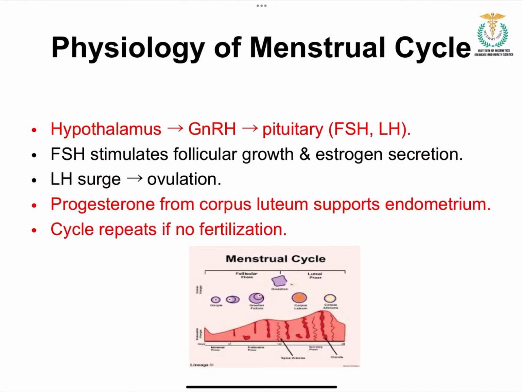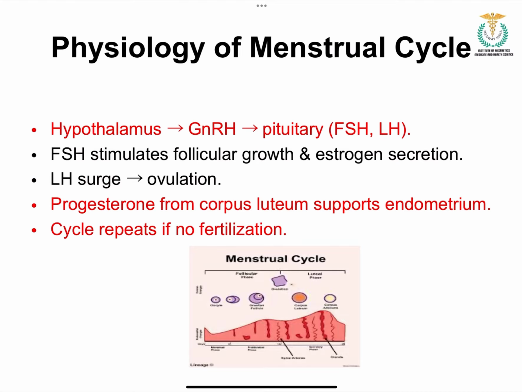As I've mentioned, if the egg is released and the ovum does not meet the sperm, so fertilization does not happen, then the female will menstruate that month.